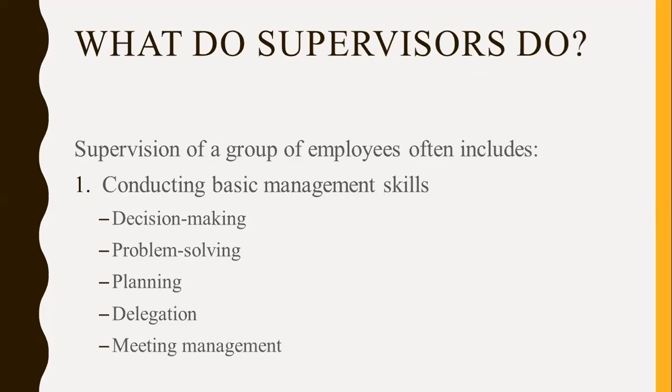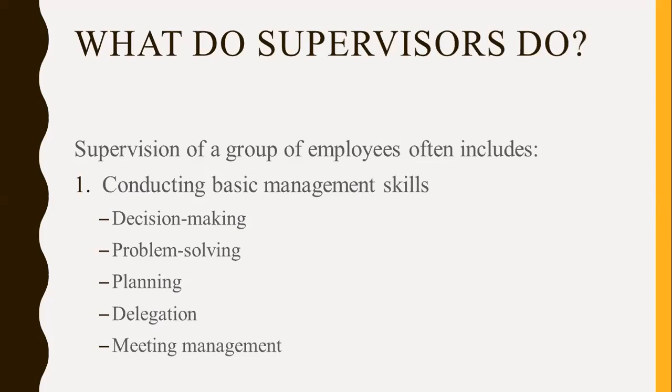What do supervisors do? Supervision of a group of employees often includes conducting basic management skills. Basic management skills are comprised of decision making, problem solving, planning, delegating, and meeting management.